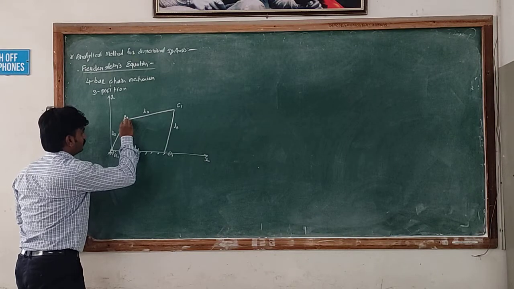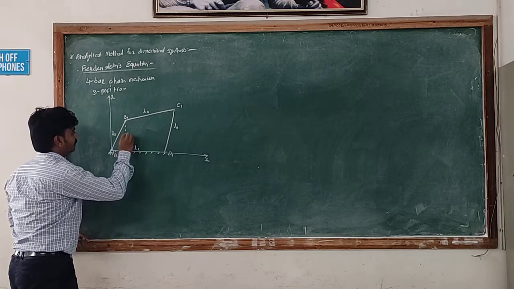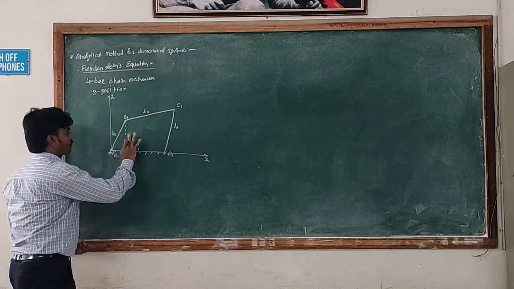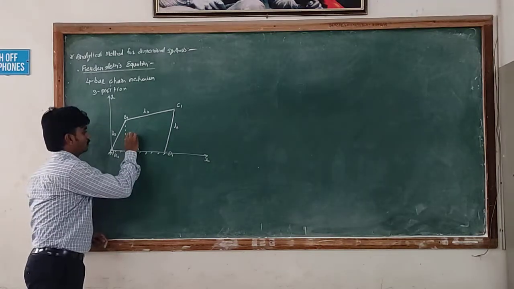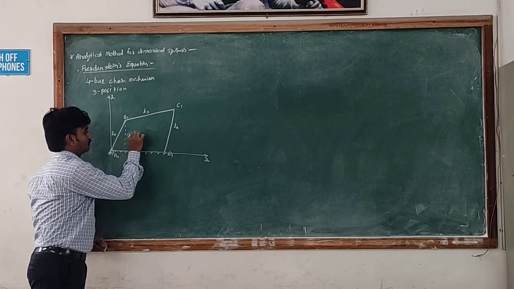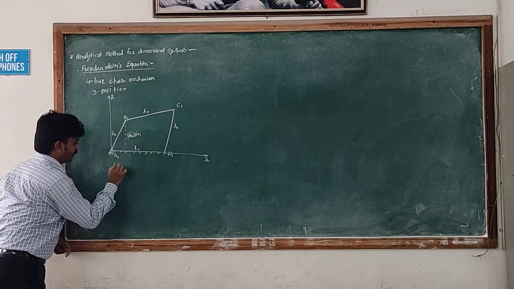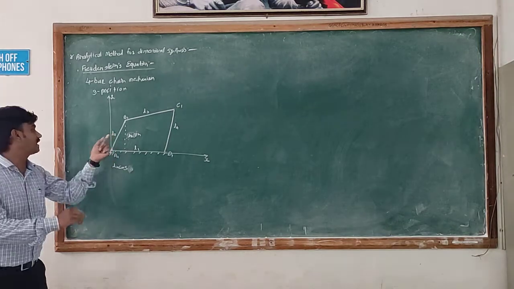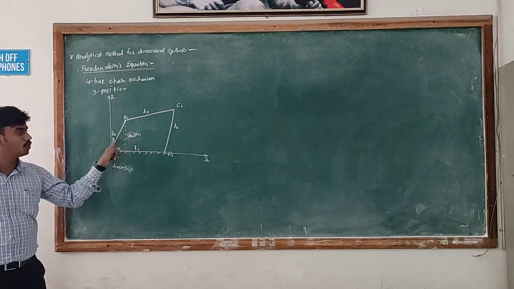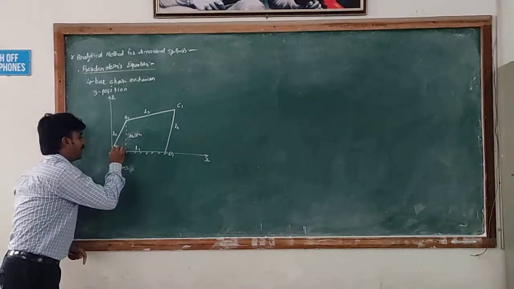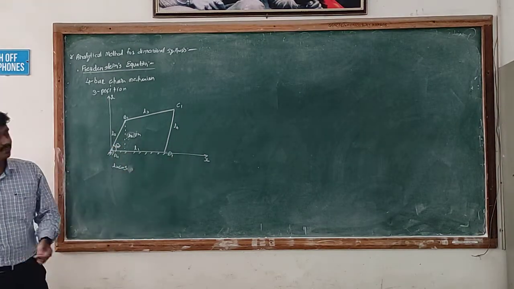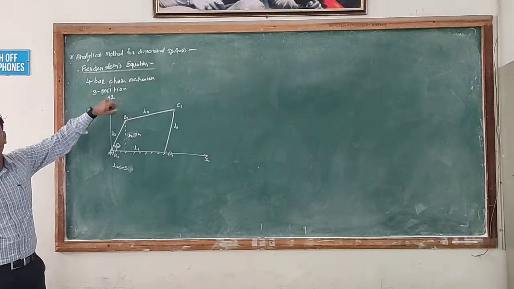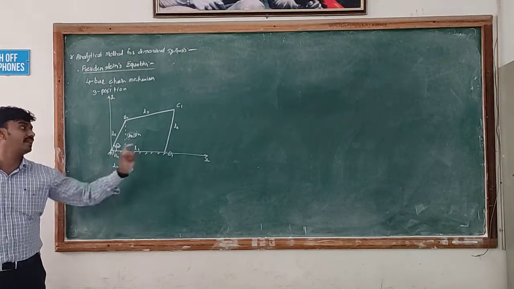So if we consider, this height is L2 into sine component, and this distance is L2 into cos component. We consider that link 2, that is A1 to B1, makes an angle theta with the x-axis.